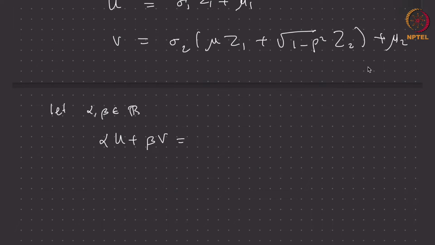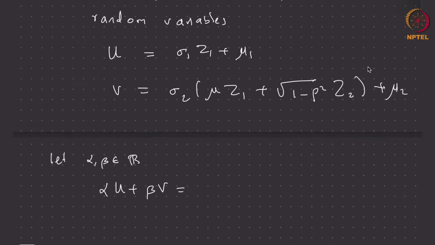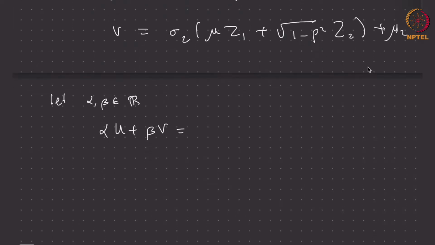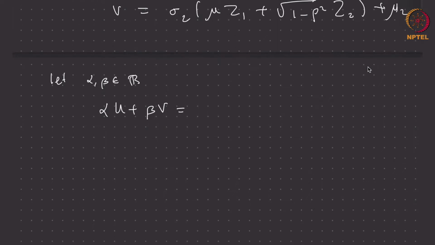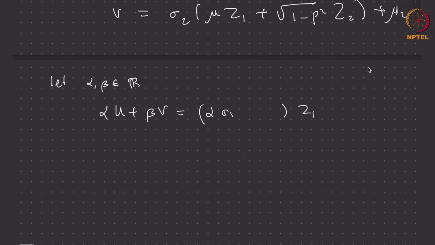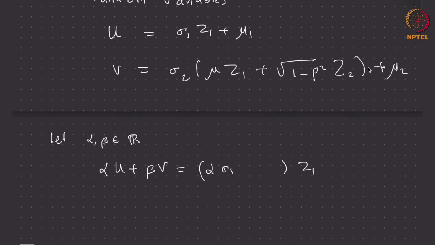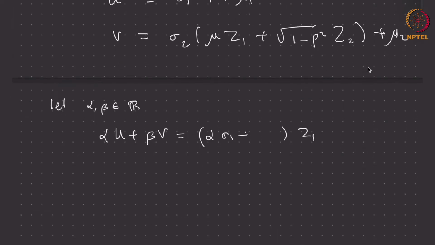It's alpha times sigma 1 times Z1, and there's another one coming from the V term, so beta times sigma 2 times rho, I don't want a mu here, I want a rho here, sorry.